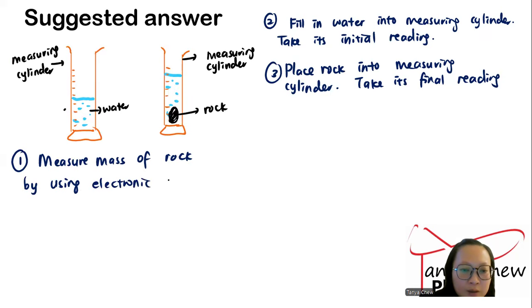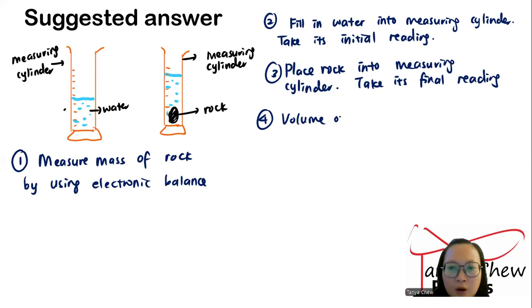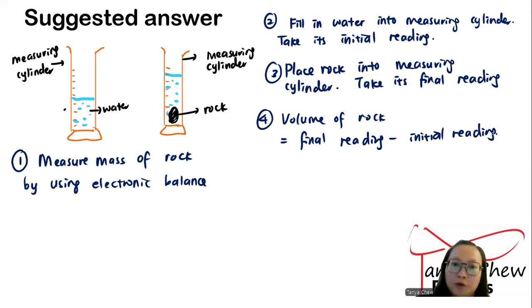Electronic balance. Okay, and then number 4, volume of rock equals final reading minus initial reading, or final volume minus initial volume, not a problem.